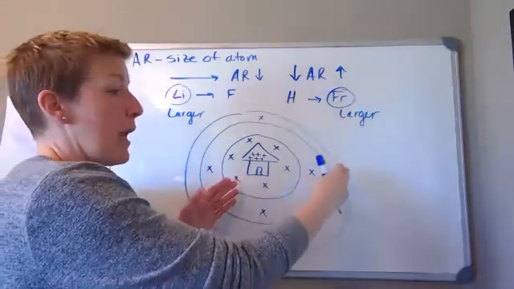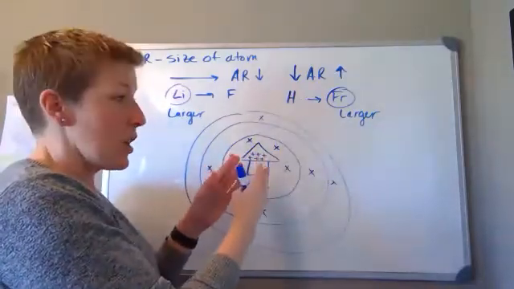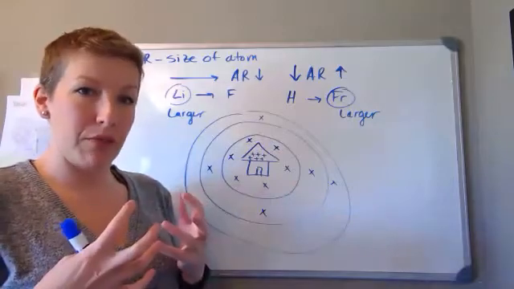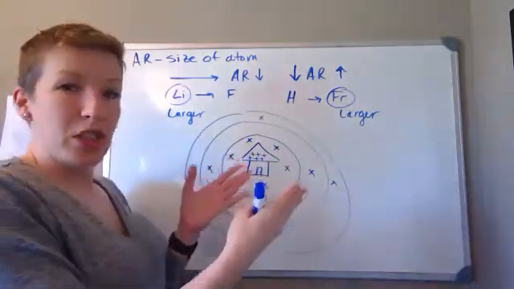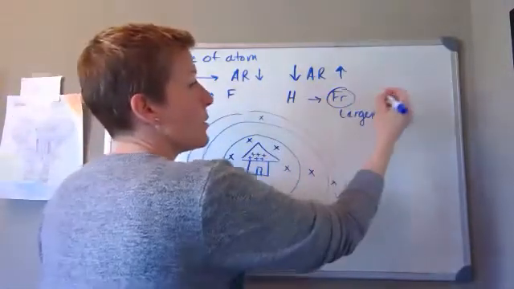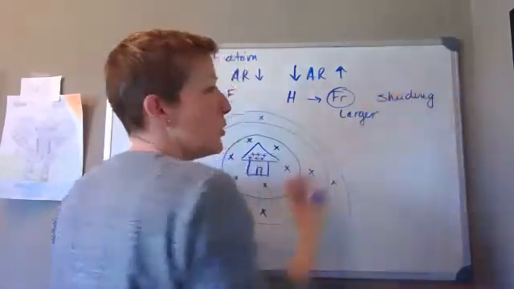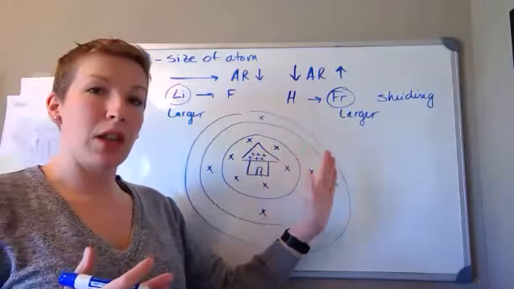The further away these sheep or these electrons get from the nucleus, the less they feel my attraction, my pull of them in. It's called shielding. So the reason why we go down is because my nucleus is being shielded by all of the electrons that are in the way.